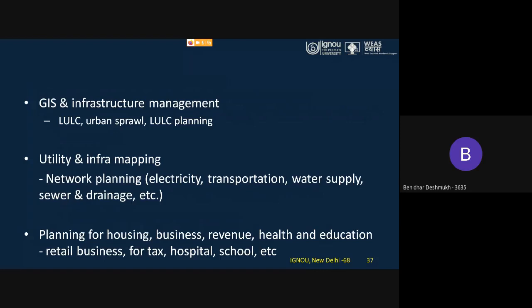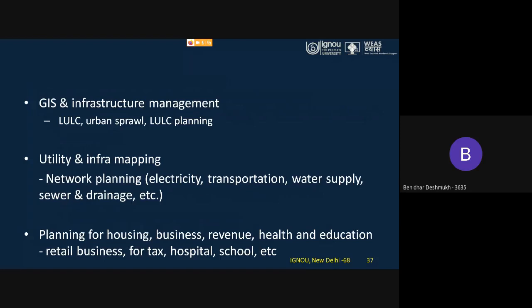Suppose this is the urban sprawl at this particular point of time, then maybe after 10 years, 20 years, 30 years, 50 years, what could be the scenario after 50 years or 100 years, if this is the present rate of growth of the cities? That is how the urban planners try to visualize things or project the scenario in future. And for that they use GIS in a much more effective way.